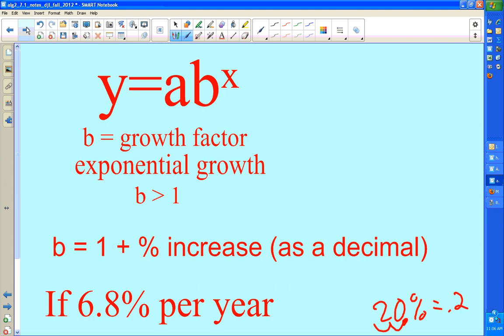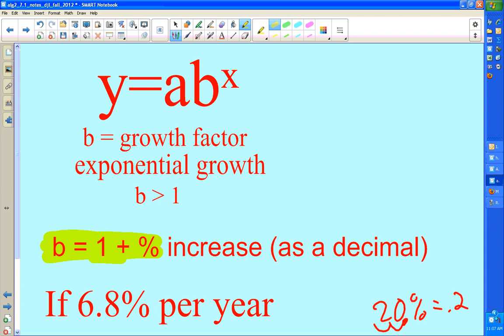So y equals AB to the x. B, your growth factor. If B is greater than 1, then we find B by doing 1 plus the percent increase. Right here is your equation. B is 1 plus the percent increase. That's when you get exponential growth, when B is greater than 1.